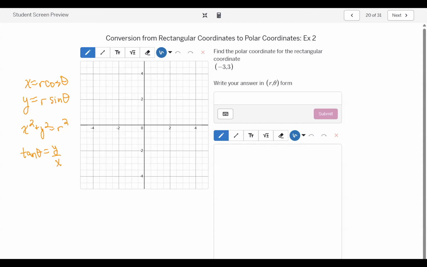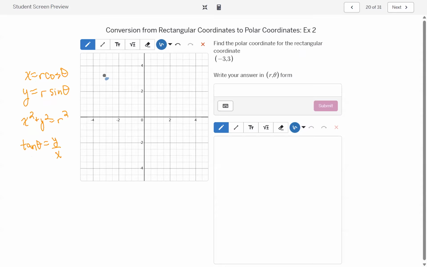So when I look at the point negative 3, 3, I'm going to think about what quadrant that's in first, which is quadrant 2. Now negative 3, 3, I can see is actually going to be a 45, 45, 90 triangle.